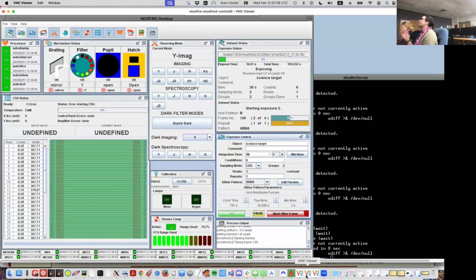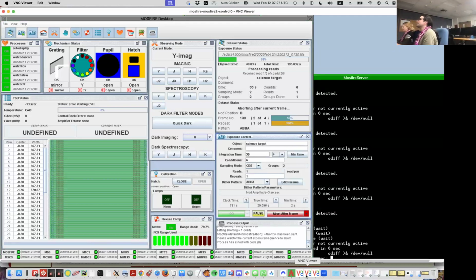Yeah, I'm not sure what went on there. 30-second exposure time, 6 coadds. So I'll abort after this frame and do another go because that was weird.